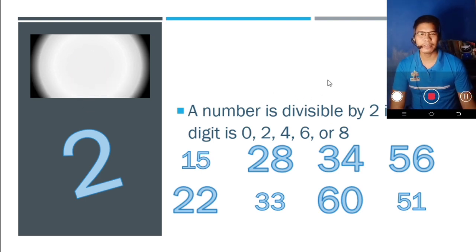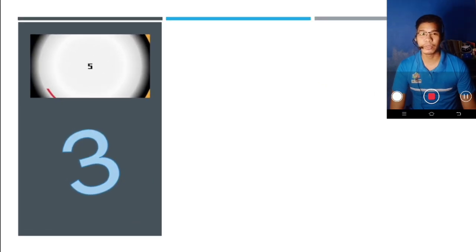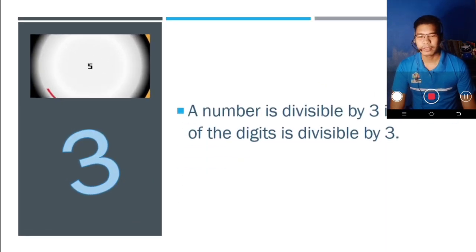Okay, let's now proceed with the divisibility rule for 3. A number is divisible by 3 if the sum of its digits is divisible by 3. All we have to do is add the digits. Let's say, for example, 132.